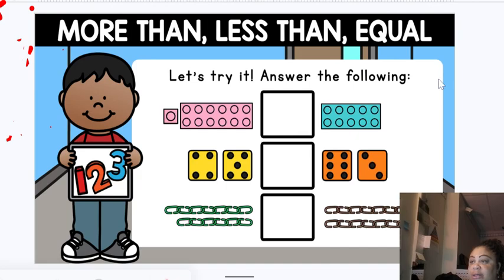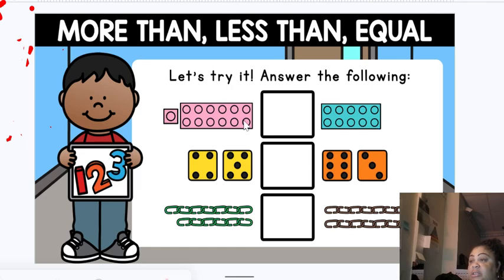All right. Now let's try it. Answer the following. Is this number, which is 13, greater than, less than, or equal to 10?